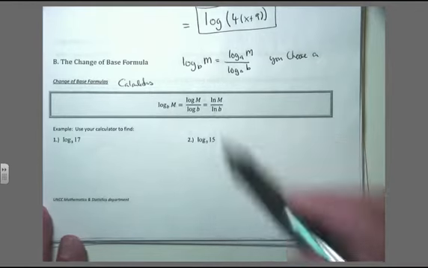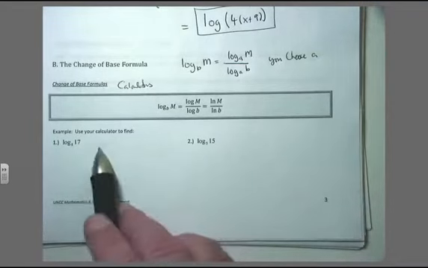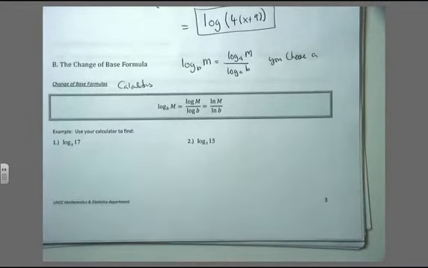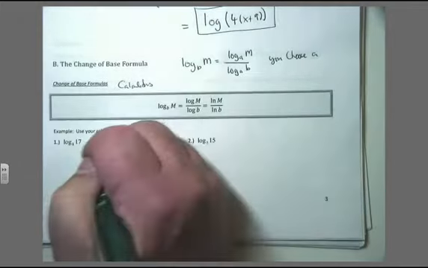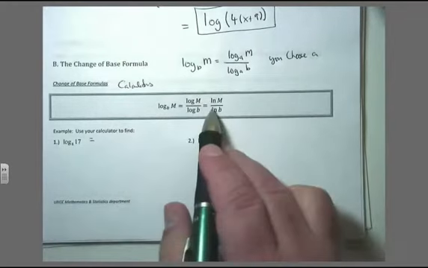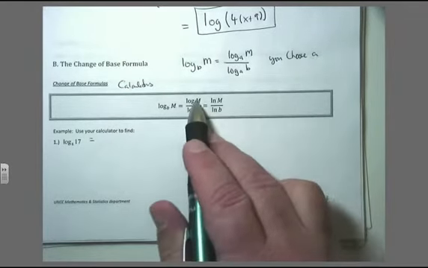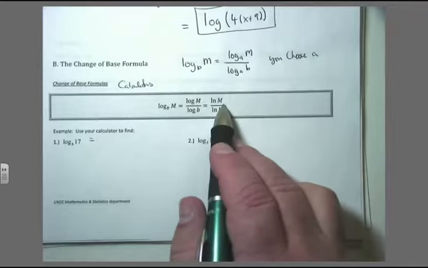It's a calculator problem. So use your calculator, notice directions, to find what's the log base 8 of 17? Well, it's up to you. I'm going to convert using my change of base formula. Do I want to use common logs or natural logs? Personally, it doesn't matter.